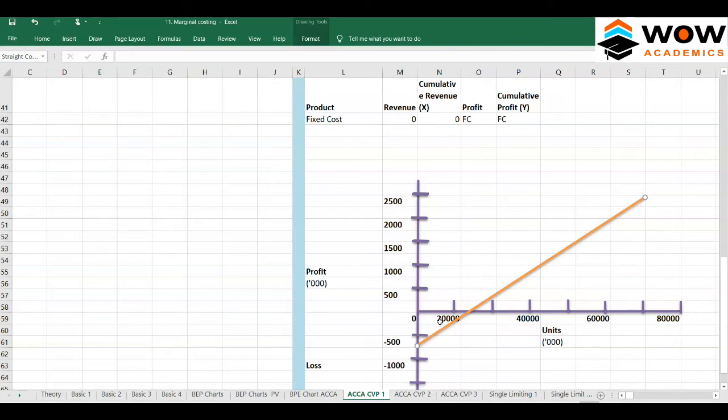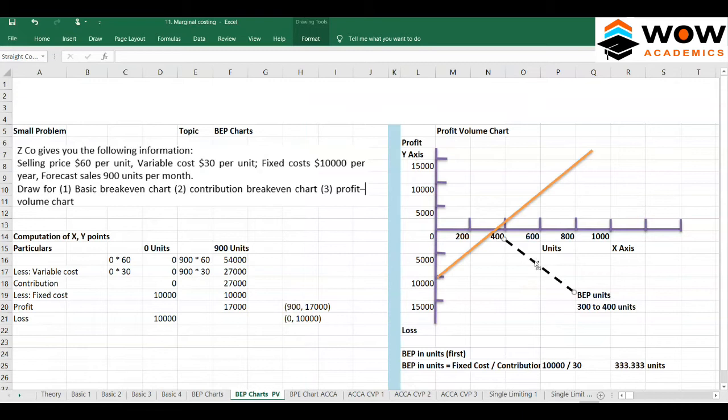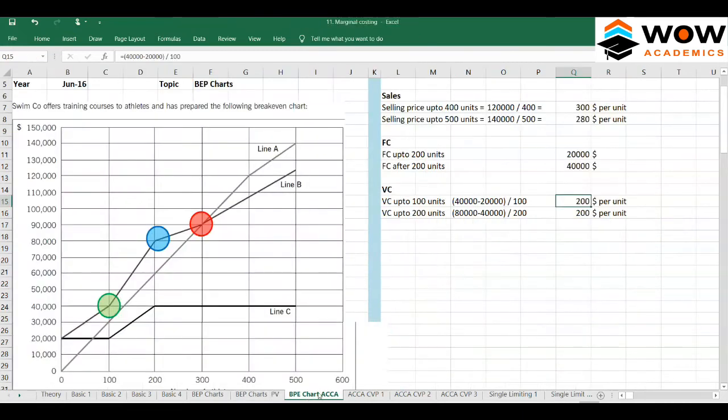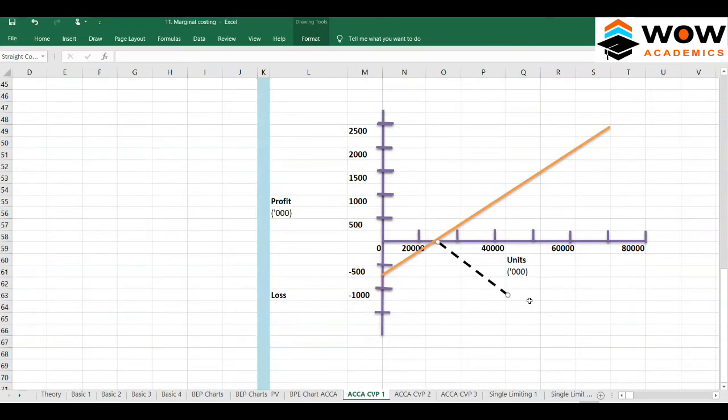So you can see the break even point is this one. This is the break even point. So this is the break even point in units, or you can also put it in sales.